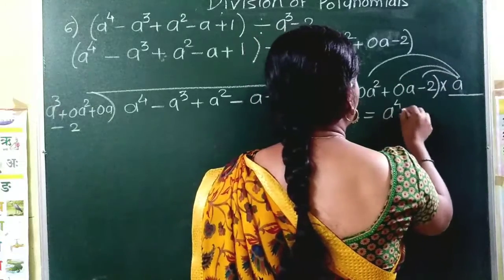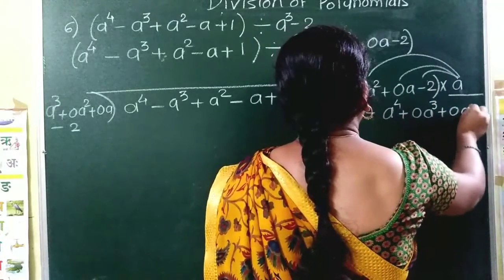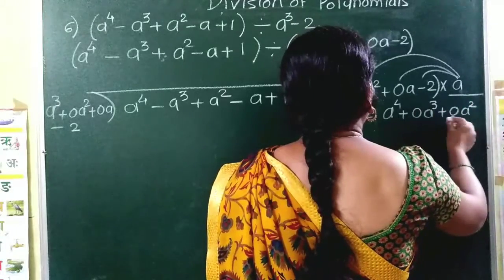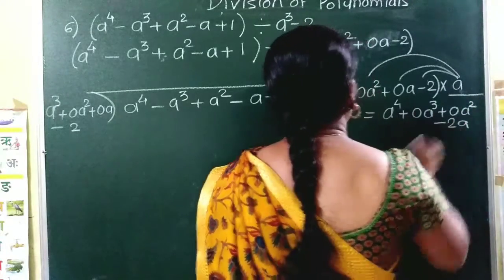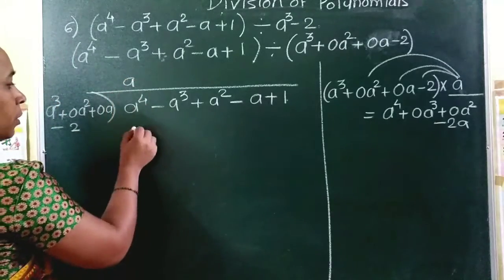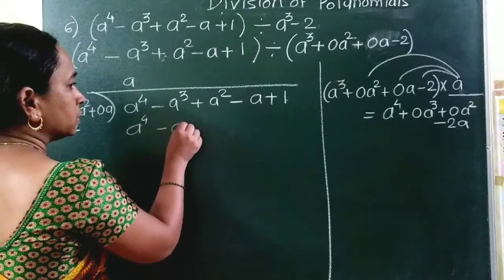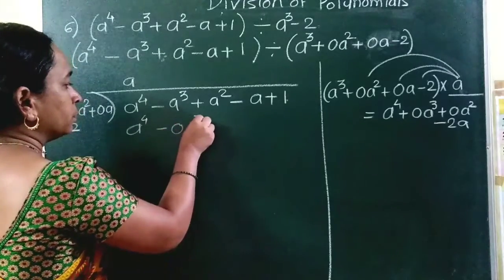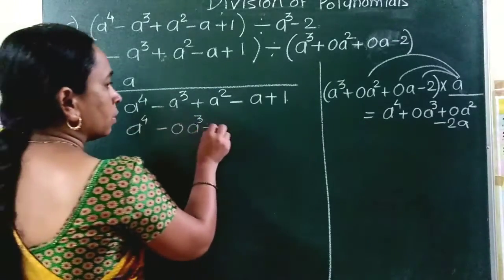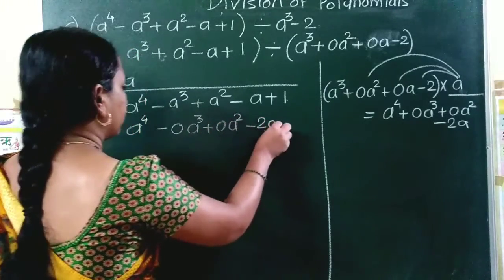If I multiply here, it will come 0a cube plus 0a square minus 2a. First quotient is a. Write the product a raised to 4 minus 0a cube plus 0a square minus 2a.